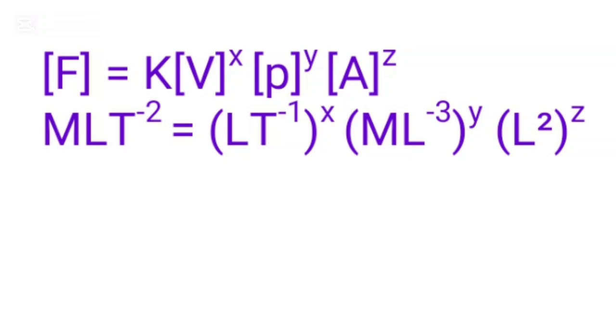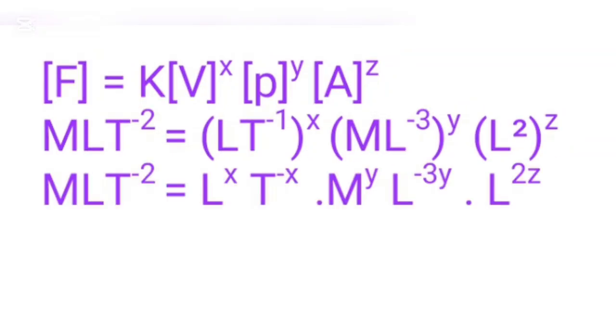We are looking at the right hand side of the equation. So we'll open the bracket of the three terms. We'll now have L^x, T^-x, M^y, L^-3y, L^2z.